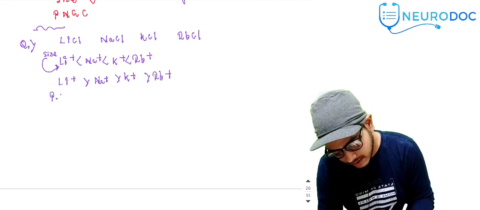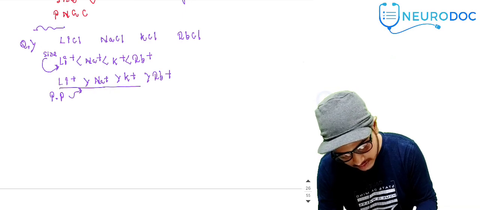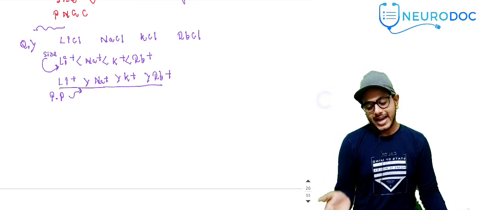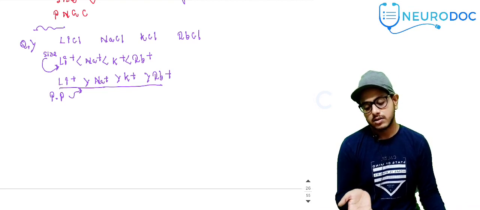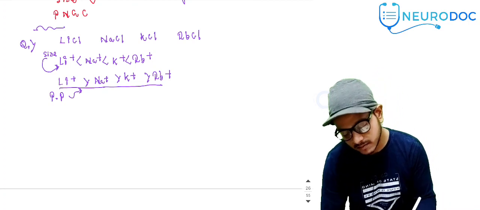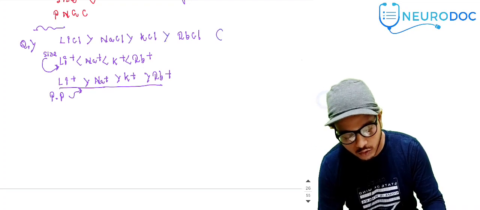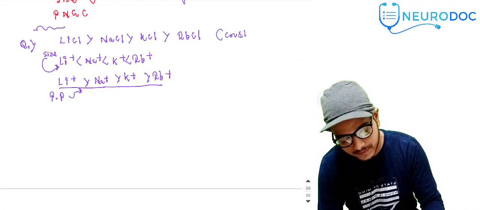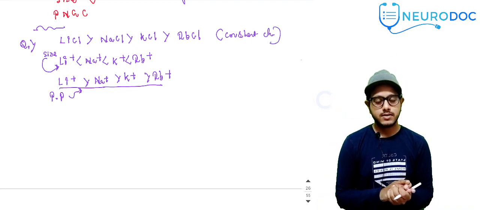This is the order of polarizing power. Okay. So as this is the polarizing power order, hence the covalent character will be obviously more in case of lithium. So the answer being, this is the covalent character. Now you're clear about this?